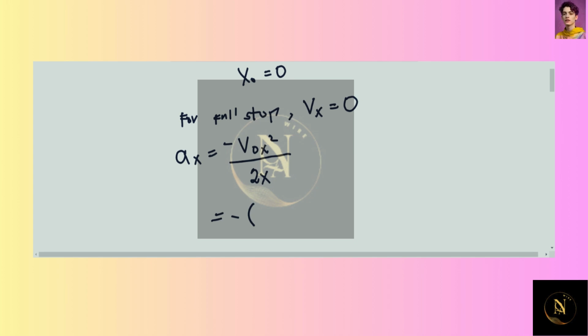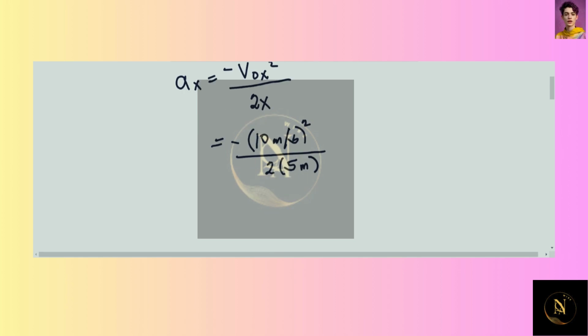As such, the 36 kilometers per hour initial velocity is equal to 10 meters per second, over 2 multiplied by the given distance. Solving this equation, the acceleration is negative 10 meters per second squared. It is negative since the car is decelerating.